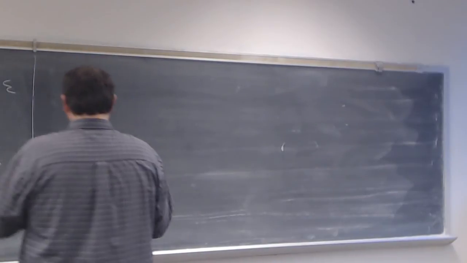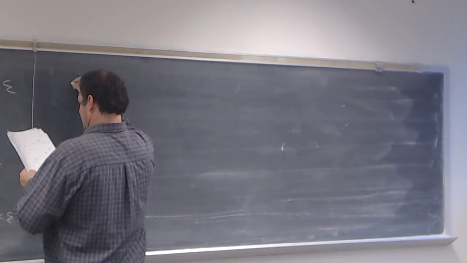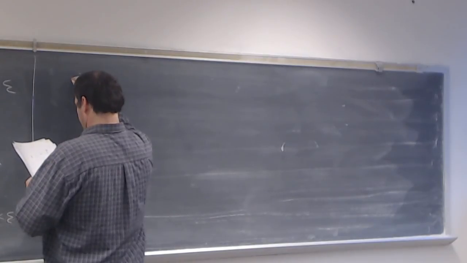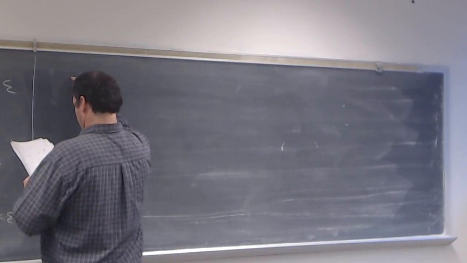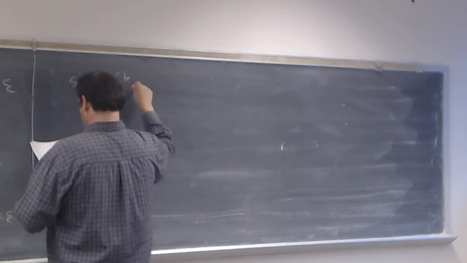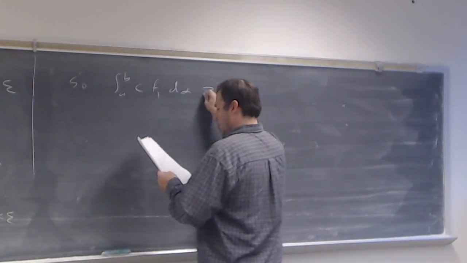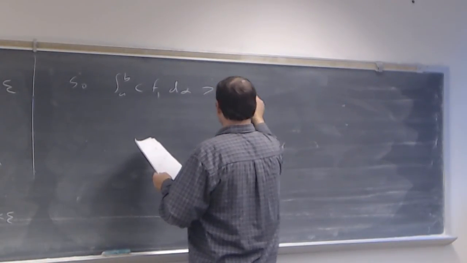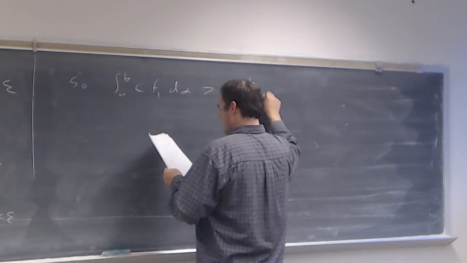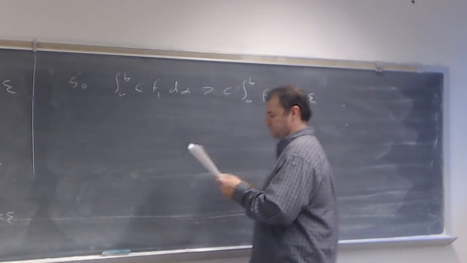Now, so what that gives us is the integral from a to b of cf sub 1 d alpha will be greater than c times the integral from a to b of f sub 1 d alpha minus epsilon.